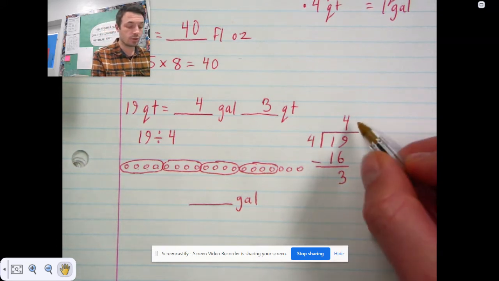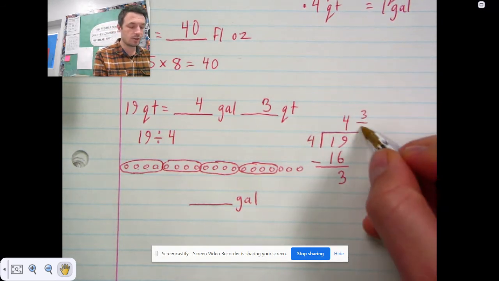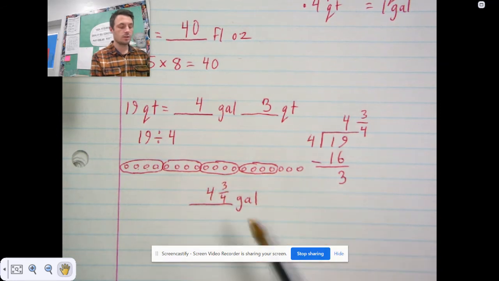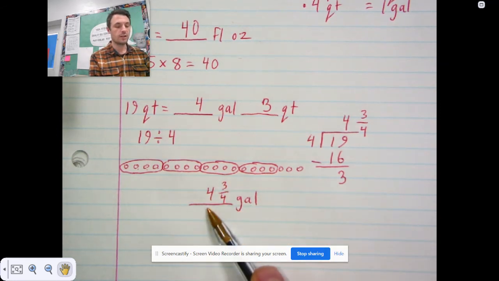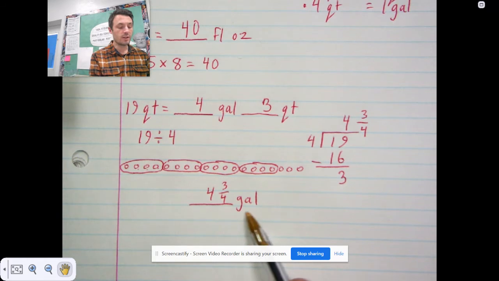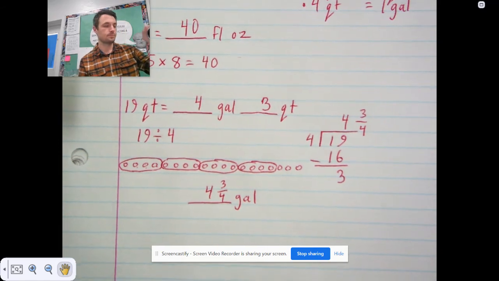So whatever your remainder is, that's the numerator, and your divisor is the denominator. So we have 4 3/4 gallons. So you can write it this way, 4 3/4 gallons, or you can say 4 gallons, 3 quarts. They both mean the same thing.